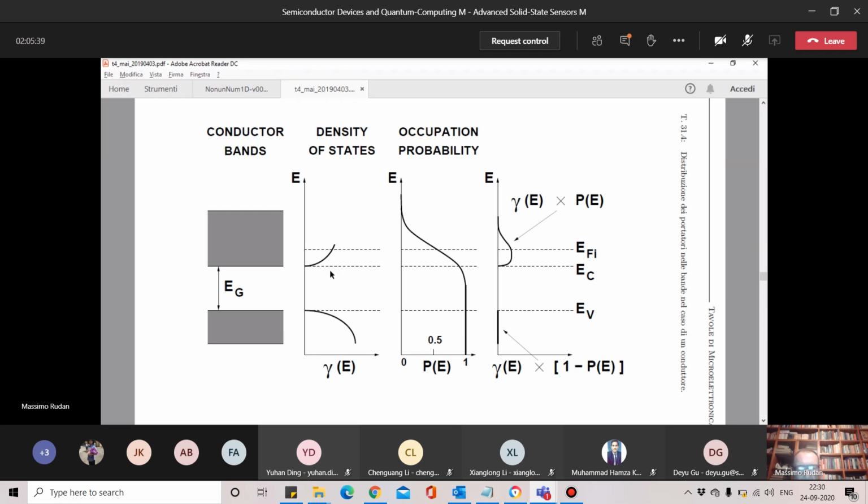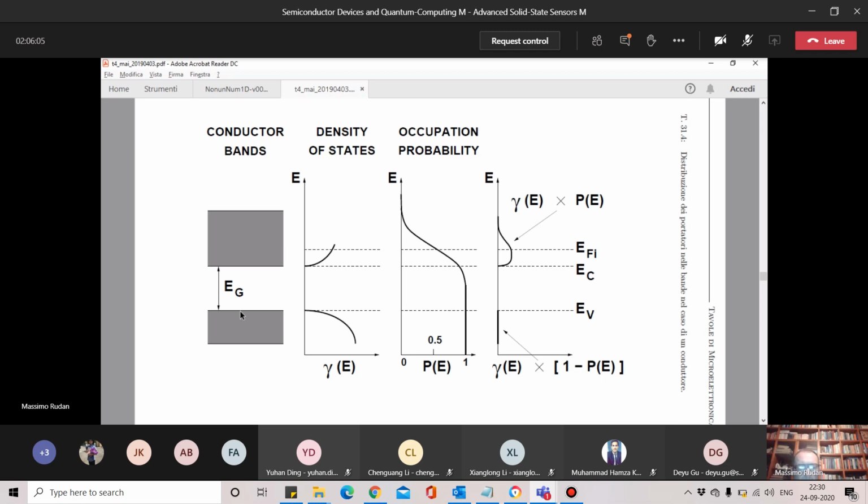So rightfully, the lower limit of it is called EC. EC is the lower limit of the conduction band. The band that happens to be just below the conduction band is called the valence band. So EV is the upper edge of the lower band.